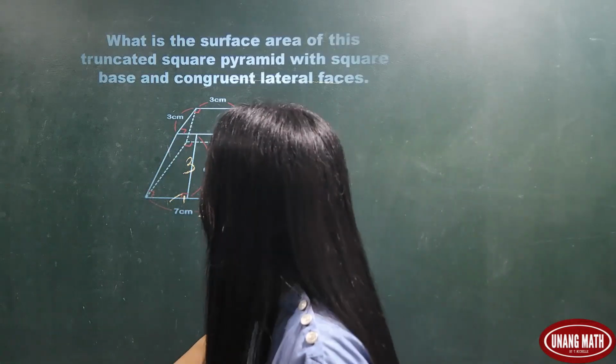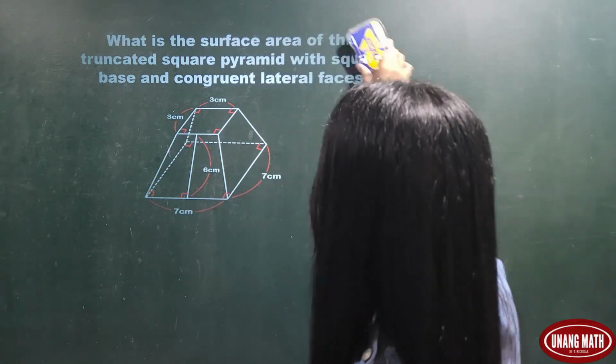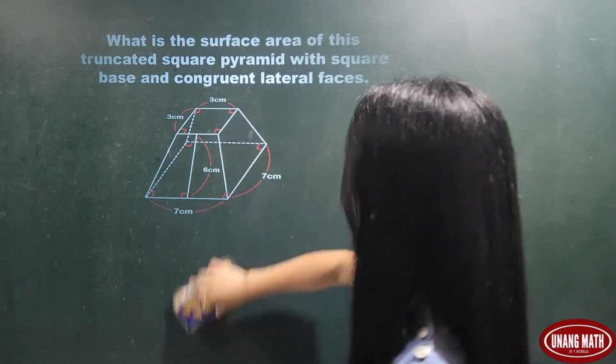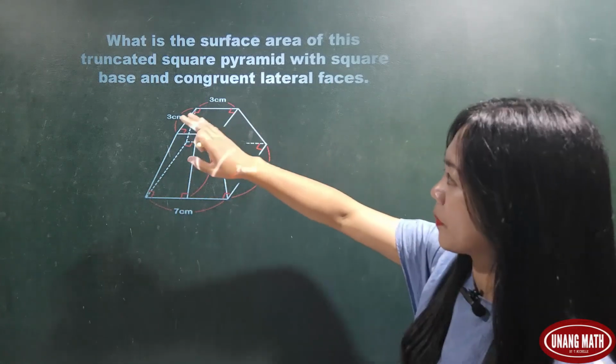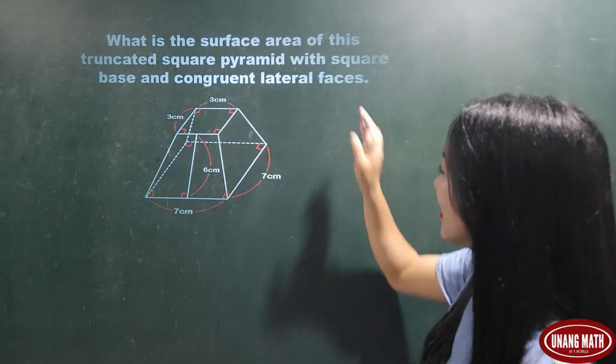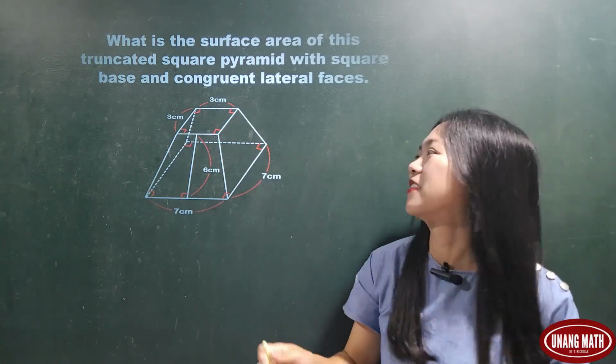This time, let's answer this simple problem. What is the surface area of this truncated square pyramid with square base and congruent lateral faces?